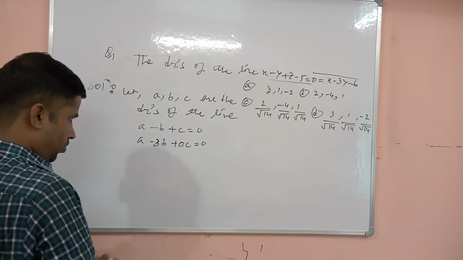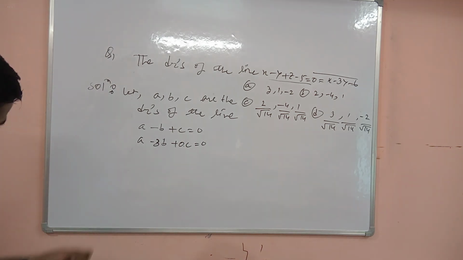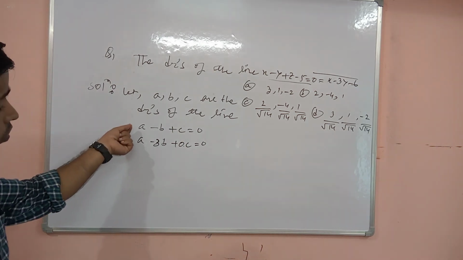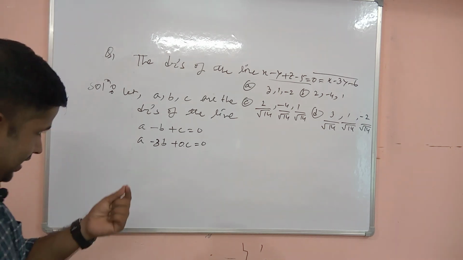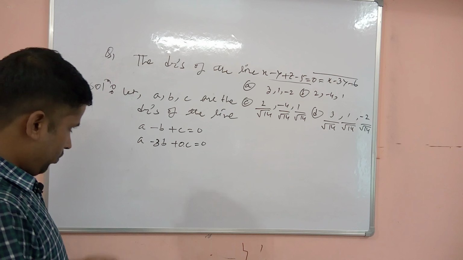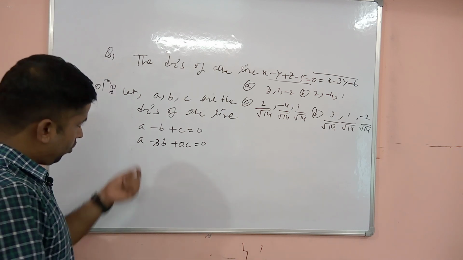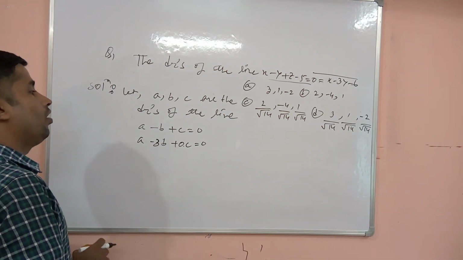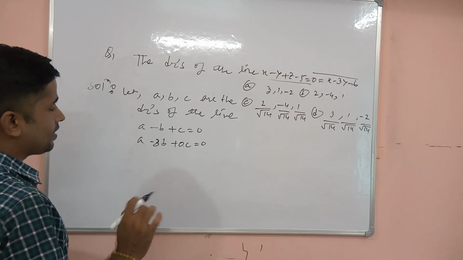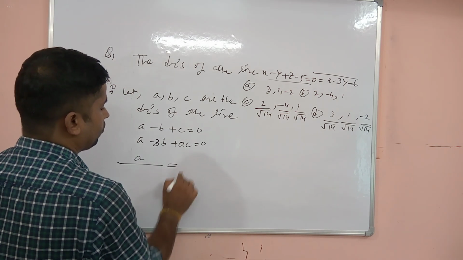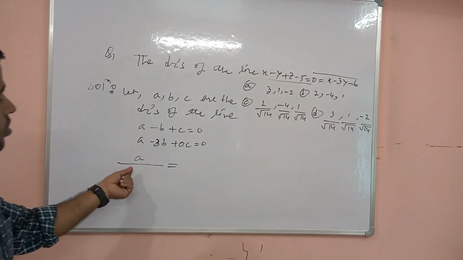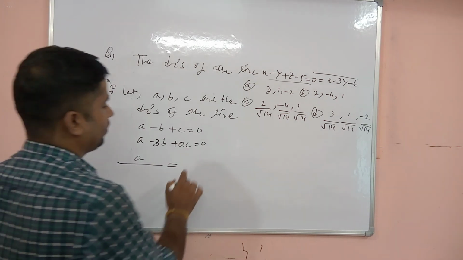As there are two equations and three variables, there is a single procedure through which we can solve for the values of a, b, c. It is cross multiplication. So I shall do it to find the values of a, b, c.